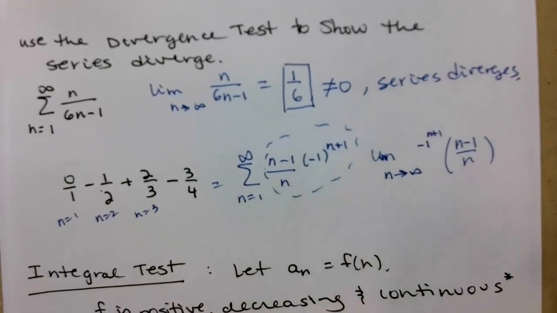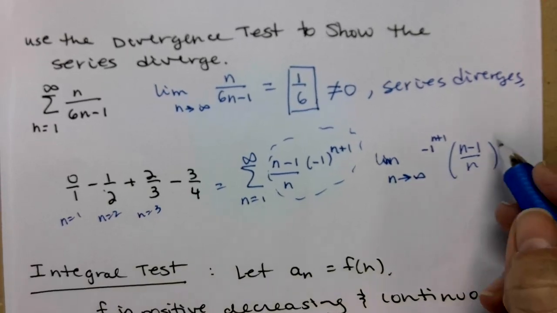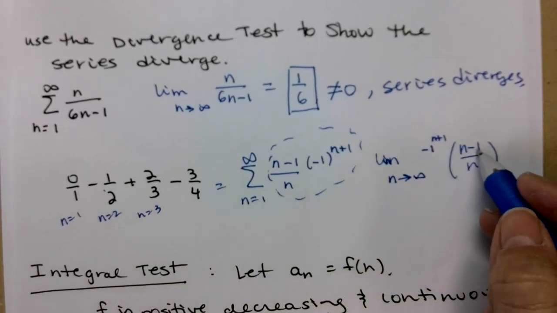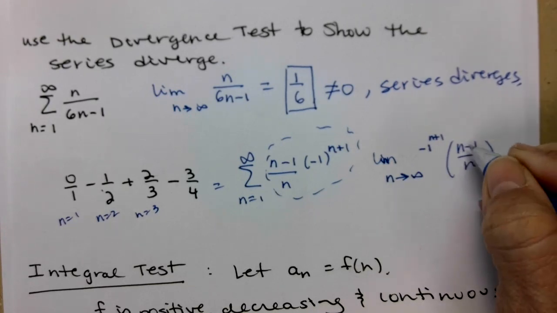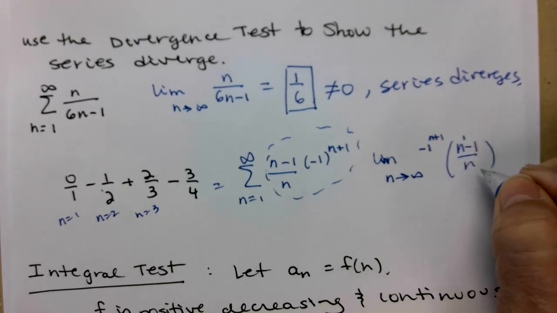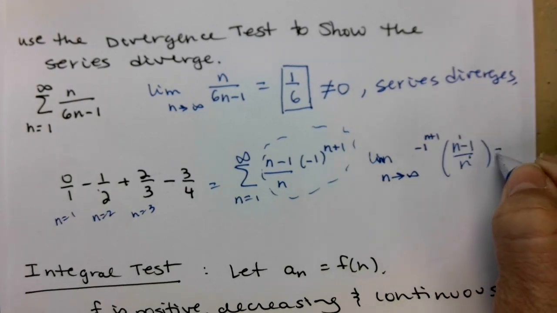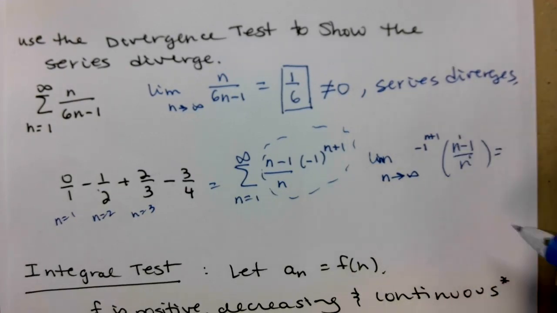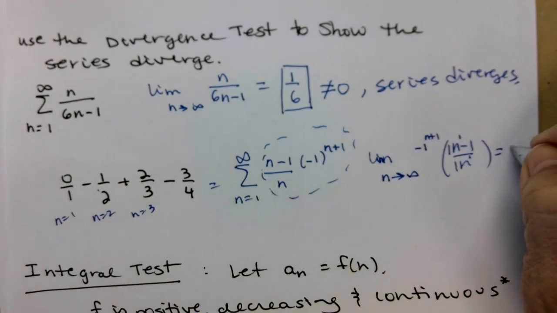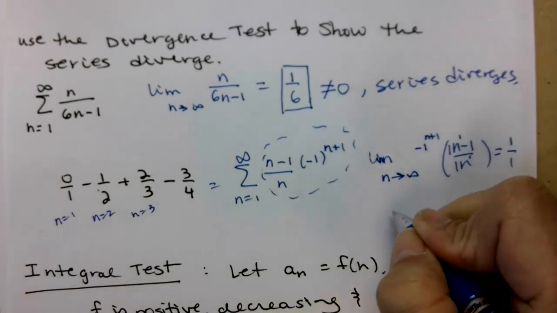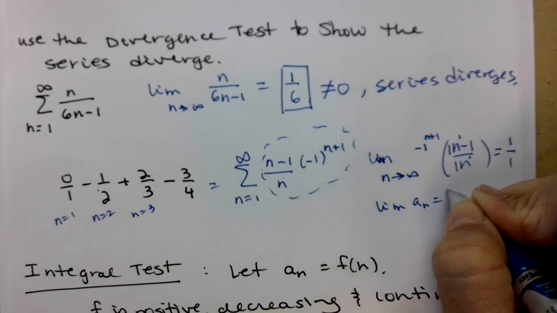Okay, well, this negative 1 is just going to pop back and forth, so I don't really care about that. I'm just looking at this n minus 1 over n. Again, the same thing, the ratio of the powers are both 1, so they're the same. So the limit as n gets big is just that ratio of the coefficients, which are also 1s, 1n over 1n. So this is going to 1 over 1, so the limit of the nth term is 1.